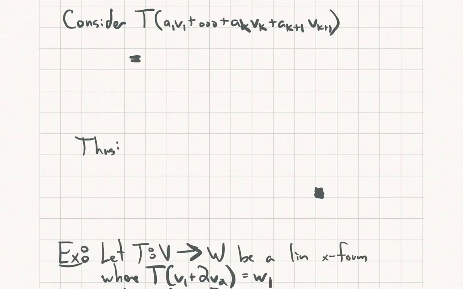So what we're going to do is use the idea of closure of a vector space. We're going to split this up into two vectors. So I know that the linear combination of those vectors there is one vector. And then I have this other vector here. So I'm going to use the linear property of linear transformations to break this up into two transformations. So if I call this whole thing V star, and this thing I'll call V double star.